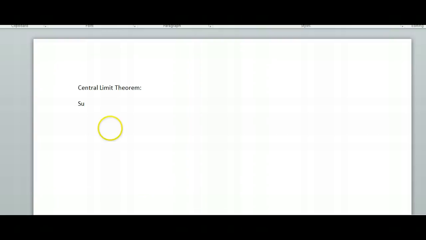So, suppose we have a group of 27 students that take the SAT and that their average score is, let's say, something like 1670.